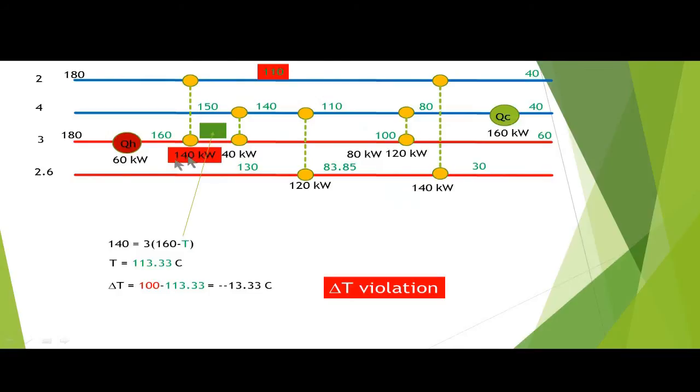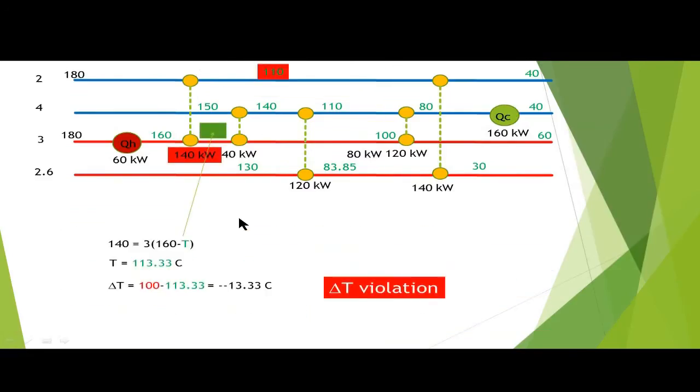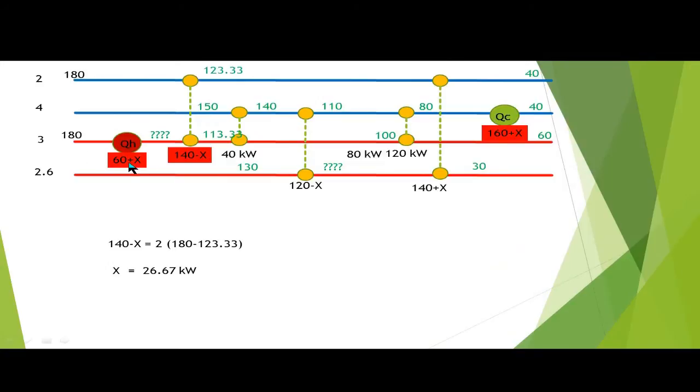So how to do it? According to what I mentioned before, there is a heat transfer across the pinch line. So the hot utility should be higher than 60 kilowatt. Now, if I put 60 plus something, of course, based on this line, there would be some deduction on this heat exchanger.